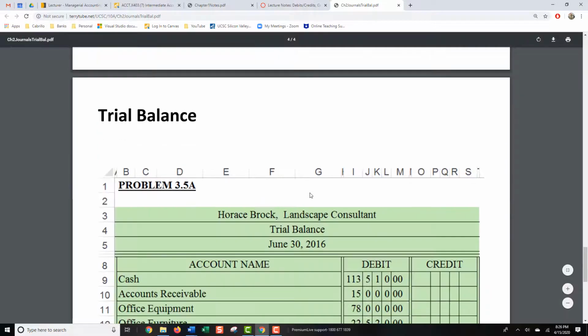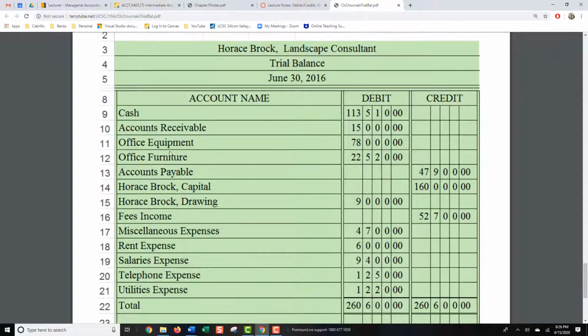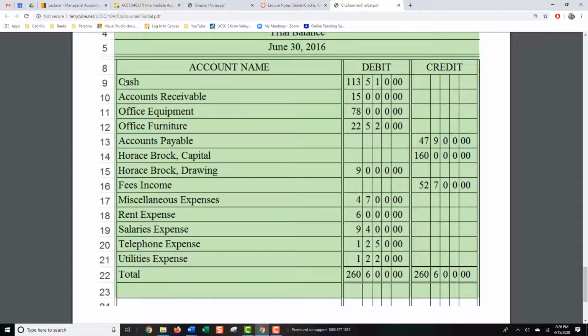When you get all done, then before we do our adjusting entries, we do a trial balance where you list every account that you have in your bookkeeping system, and you check the debits and the credits. So they're all listed in order. Your assets first, so cash, accounts receivable, equipment, furniture. Then your liabilities, accounts payable.